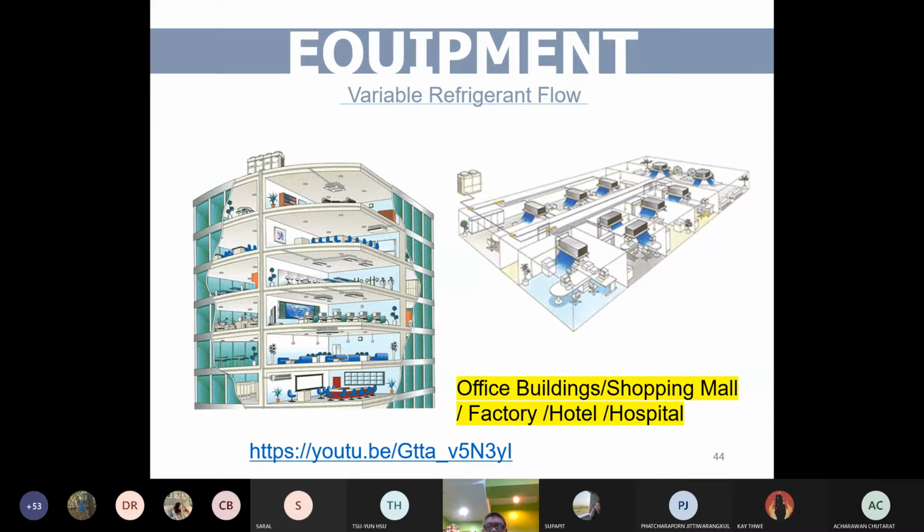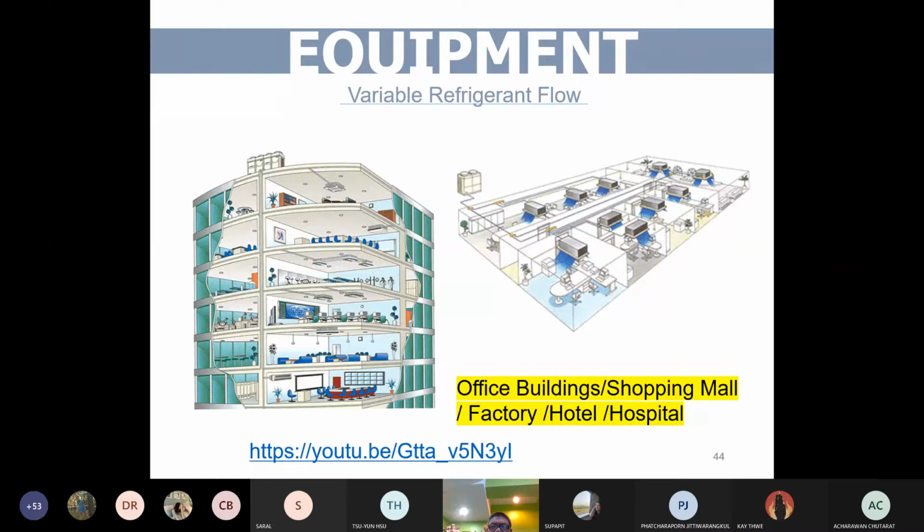Okay, so I can say that VRF is very popular at the moment, and it has very low maintenance compared to chillers. With chillers, you have to understand the water, you have to understand the treatment of the water, but the VRF, you treat it as a big package split type.